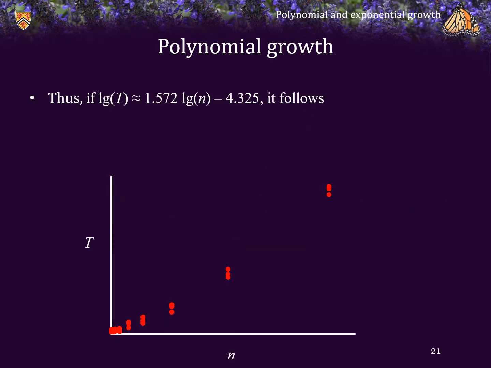All right, now there is the original data below, and we found that log of t is approximately 1.572 times log of n minus 4.325. So therefore it follows that 2 to the log base 2 of t, which is just t, is 2 to that linear polynomial. Now, you know from secondary school that 2 to the x plus y is just 2 to the x times 2 to the y.